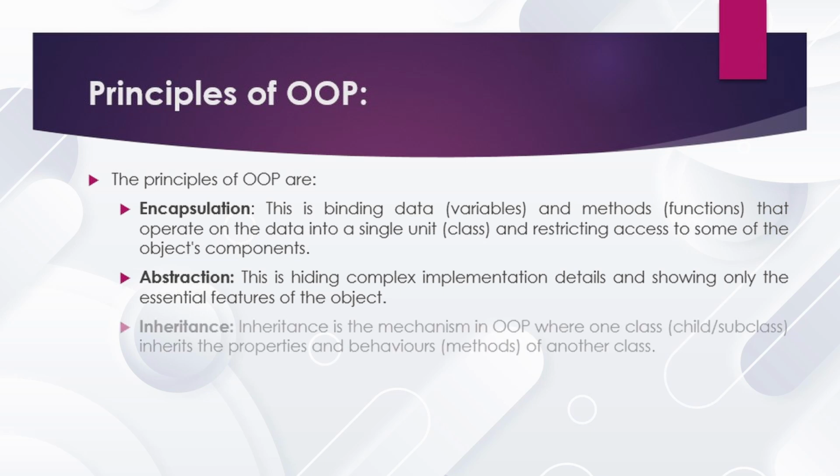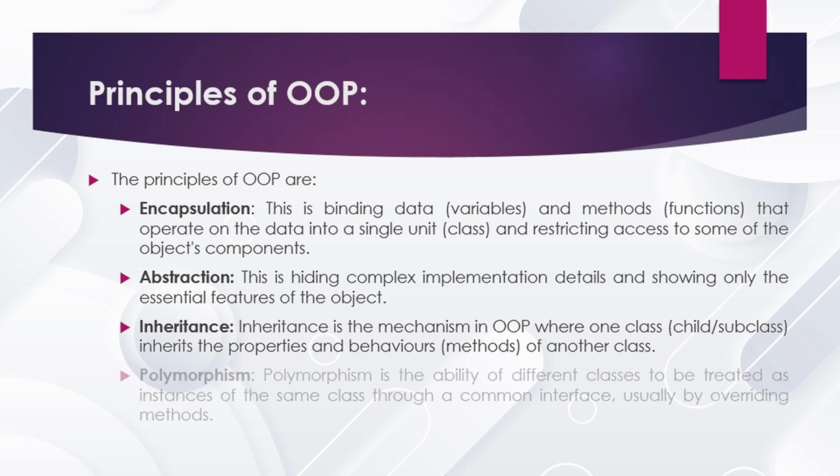The next one is inheritance. Inheritance is the mechanism where one class inherits the properties and behaviors of another class. This is done to promote code reuse and logical hierarchy. The next is polymorphism.